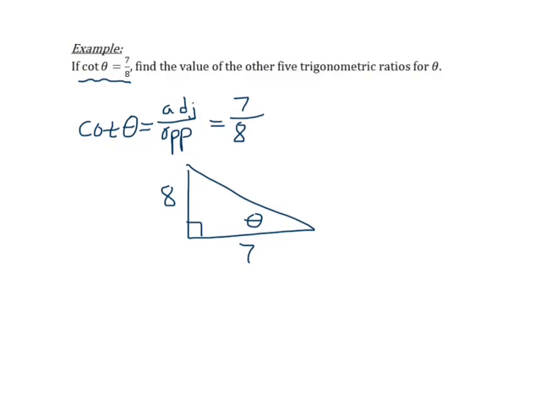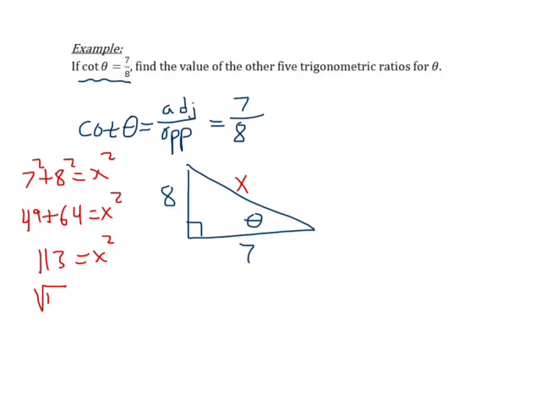Since that's true, we want to find the other ratios, so we need to know what this hypotenuse is. Let's do a little Pythagorean theorem. 7 squared plus 8 squared equals x squared. So we've got 49 and 64, and that gives us 113. That's just going to give us the square root of 113. Cannot simplify that, so we'll leave that alone.